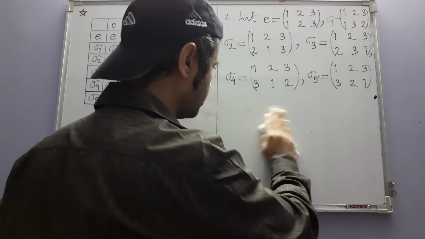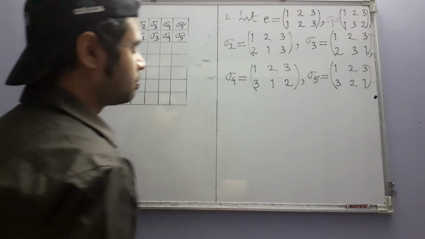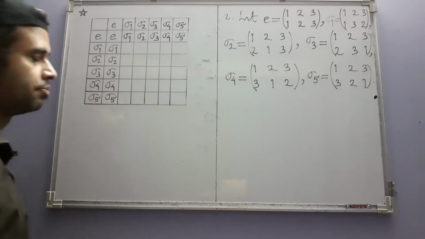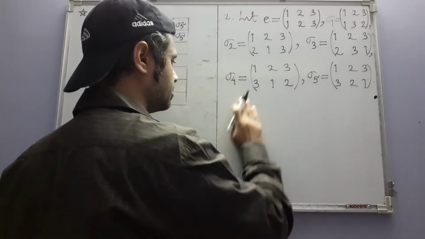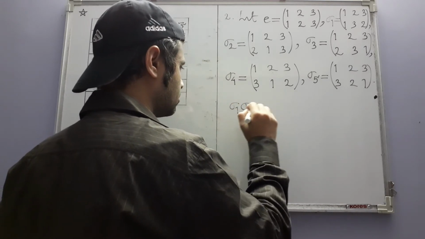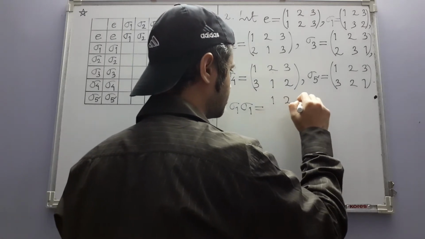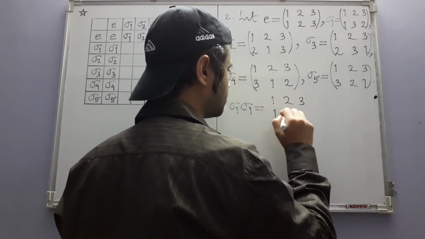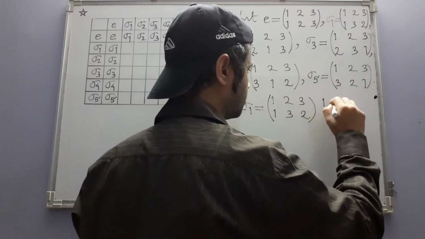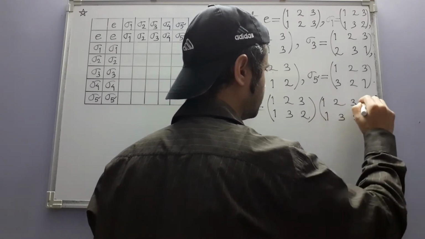Okay, now comes the time for these careful calculations. First comes sigma 1 square, that is sigma 1, sigma 1. Now if you look at these permutations, for the sake of clarity, let's just write all the things for this one and see what we get. 1, 3, 2. 1, 2, 3. 1, 3, 2.